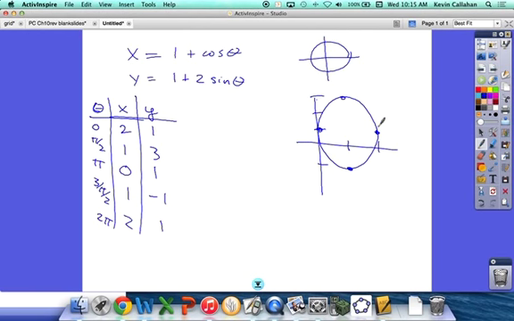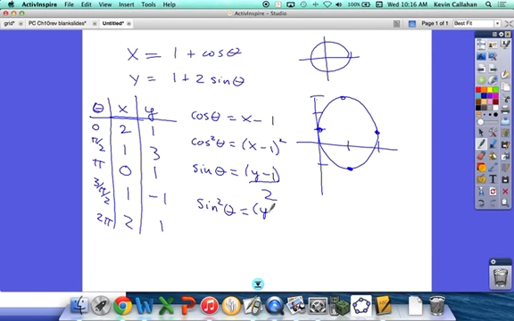When I solve for the cosine, the cosine theta will be x minus 1, and when I square it, I'll get cosine squared theta equals x minus 1 squared. When I solve for the sine, sine theta will be y minus 1 divided by 2, and when I square it, I'll get sine squared theta equals y minus 1 squared over 4.